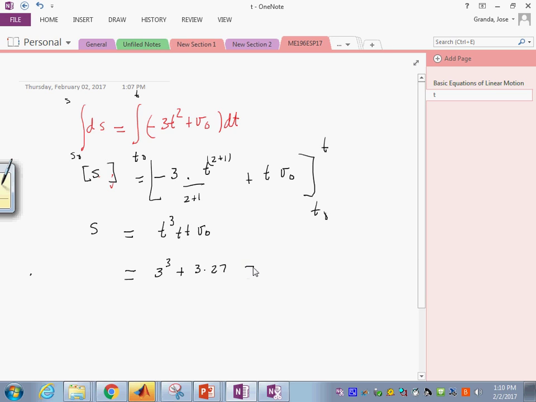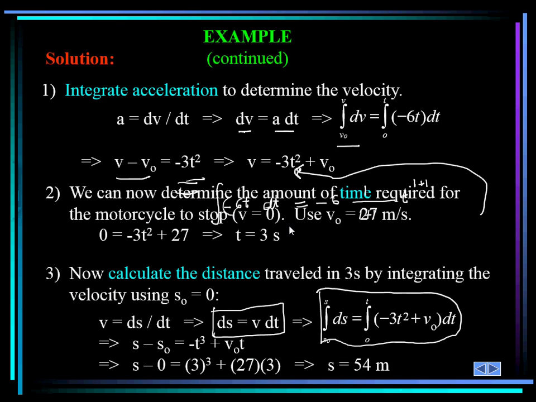So that clarifies how that result gets in there, and I will solve the example in detail.